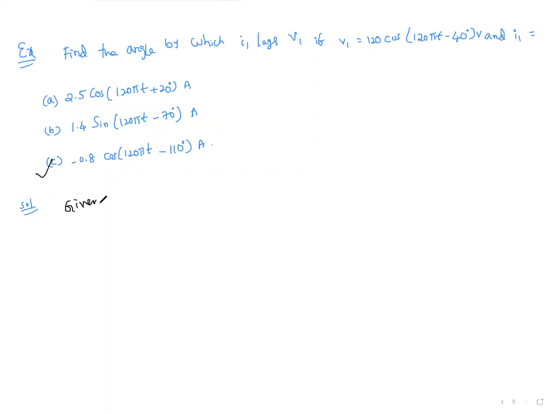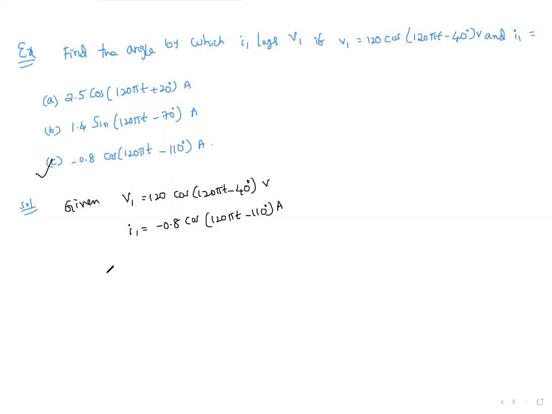Given V1 is equal to 120 cos of 120 pi t minus 40 degrees. Then I1 is equal to minus 0.8 cos of 120 pi t minus 110 degrees amperes. This is volt, this is ampere. See, I want to find the angle by which I1 lags V1.